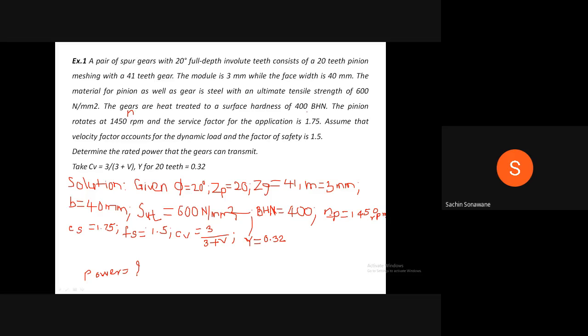And then from the effective load we will calculate the tangential force, and then we will calculate the torque transmitted. Torque transmitted, you know, is Pt into d divided by 2.